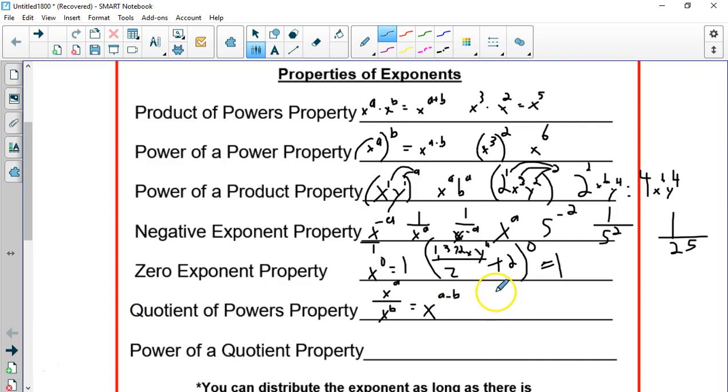So if I had 5 to the 7 over 5 to the 3, and we can use this with letters or numbers, well, 7 minus 3 is 5 to the 4. And then that would be 625.